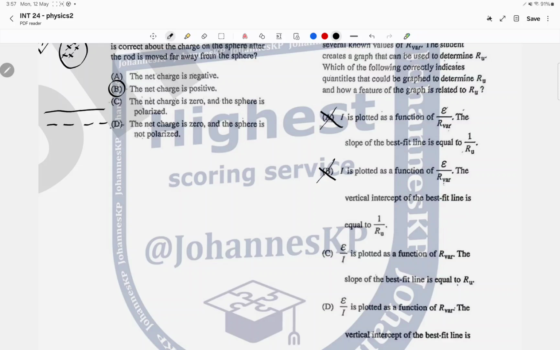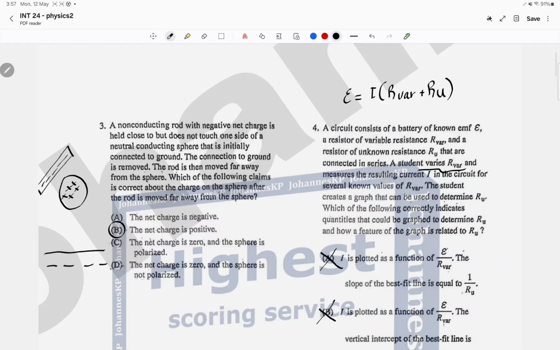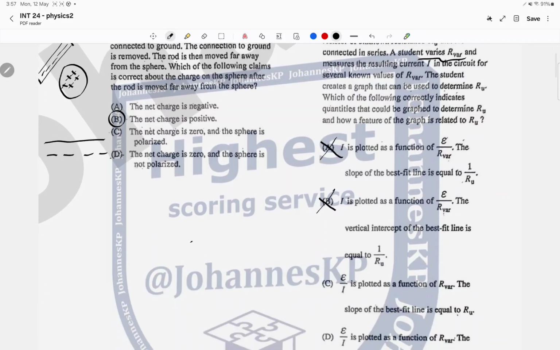Okay. So let's just talk about this equation a bit. Divide everything here by I. Just want to move the I on this side. So we're going to have EMF over I is equal to R var plus R U. So y is equal to mx plus b. Yeah.